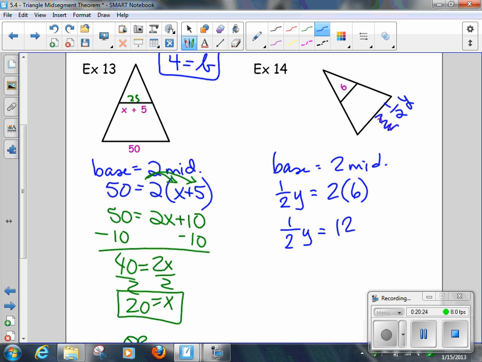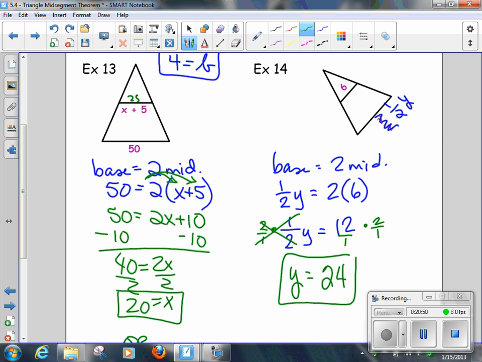What I did is instead of dividing it by a fraction, I did 1/2 times 12 equals. Well, what am I going to multiply by, though? I'm going to multiply by the reciprocal, which is 2 over 1. What you do to one side, you have to do to the other. They cancel here. 12 times 2 is 24, right?